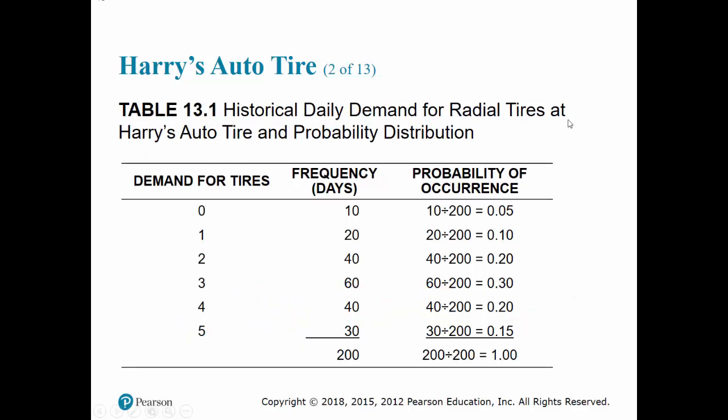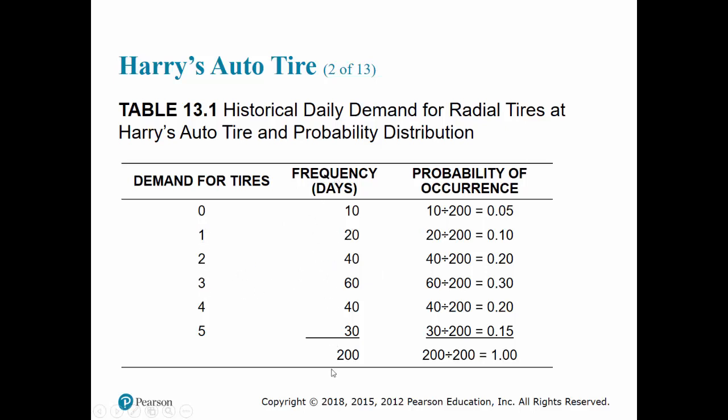Historical demand data says that over the past 200 days, these are the frequencies with which the demand occurred for tires. There were 10 days with no demand at all, 20 days with 1, 40 days with 2, and so on.